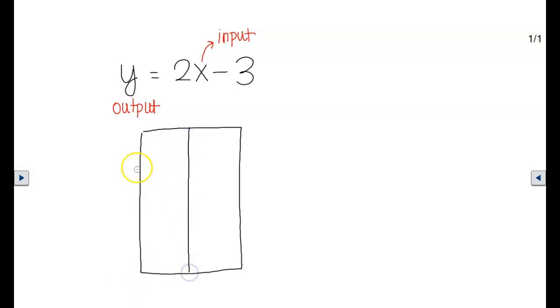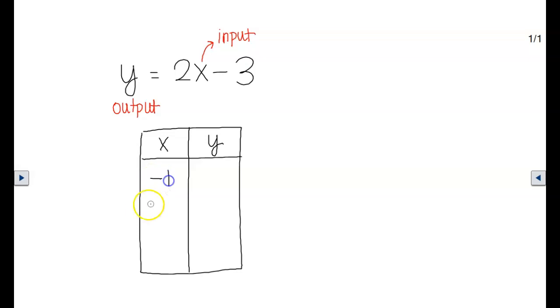And so what we saw is we could take that rule and we could make a function table, and we could choose some input numbers and use the rule of the function to produce these output numbers, and then we could even graph the function using that information.